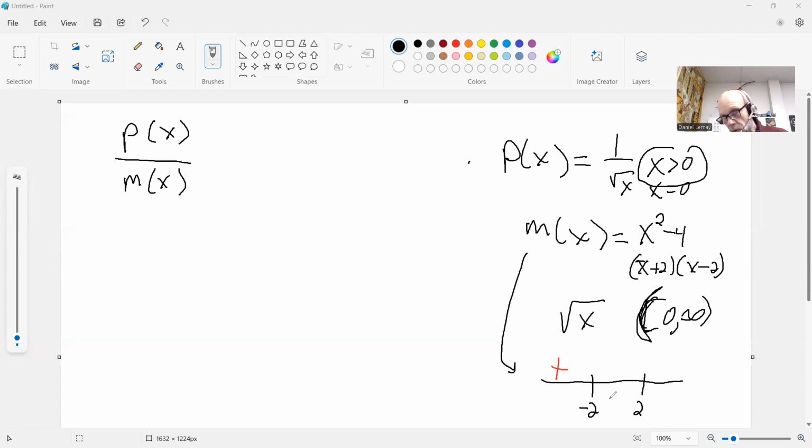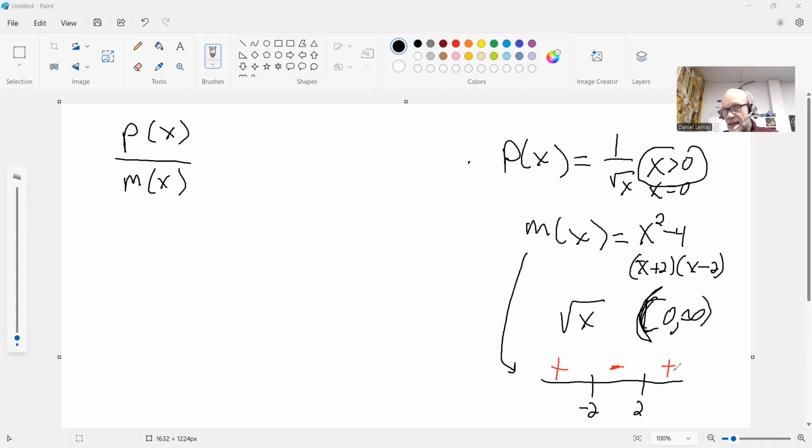And if I pick a number between -2 and 2, like 0, well, 0 minus 4 is negative, right? So that's a negative. And greater than +2, pick 10, will be a positive number is what I'm trying to get at.